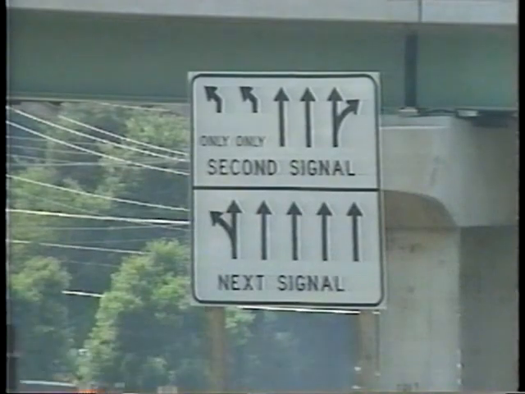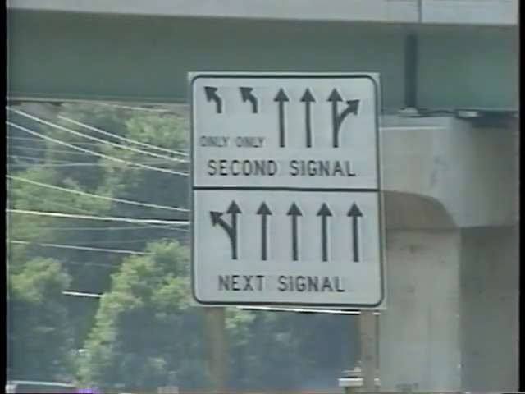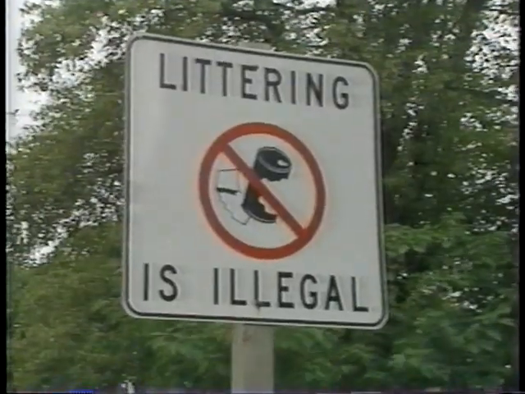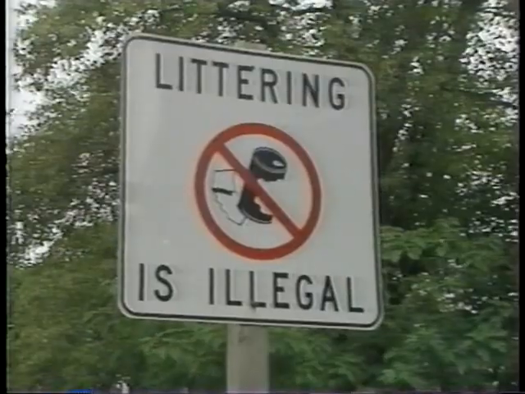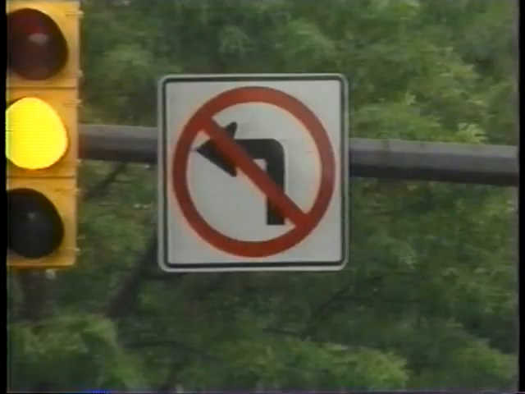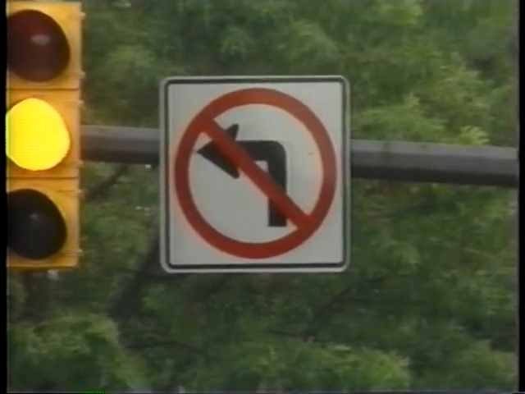Regulatory signs impose legal restrictions. Highway authorities place these signs to inform drivers of laws or regulations. Each sign system has similar background and border colors.